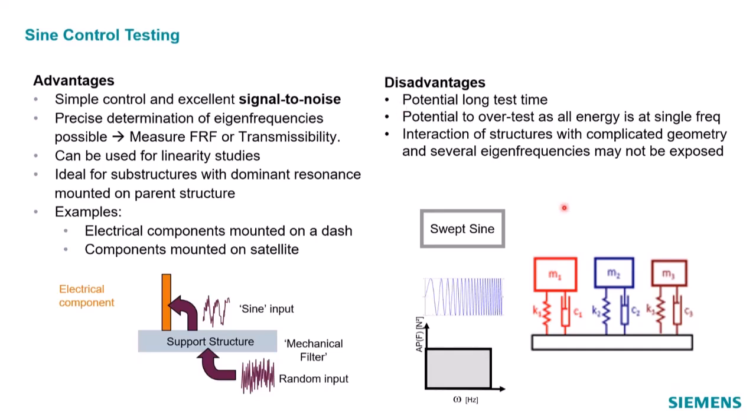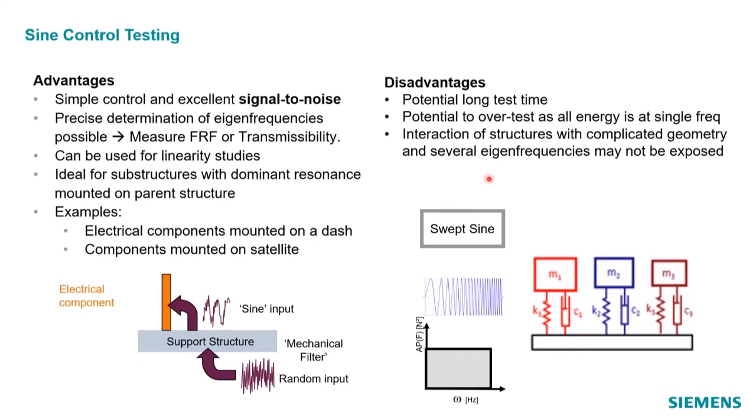Since it is a single frequency, and most systems have multiple resonant frequencies, and they're also excited in operational conditions, could be in multiple directions. In sine testing, and let's talk about just the single axis sine testing, there's only one single frequency excited in only one direction, whereas that may not represent real conditions.